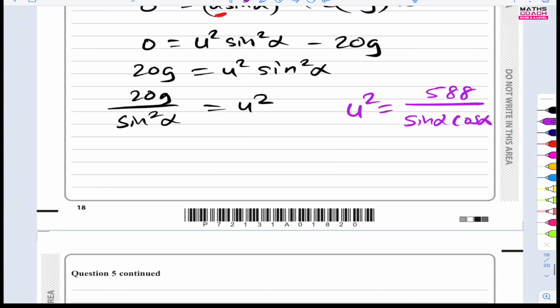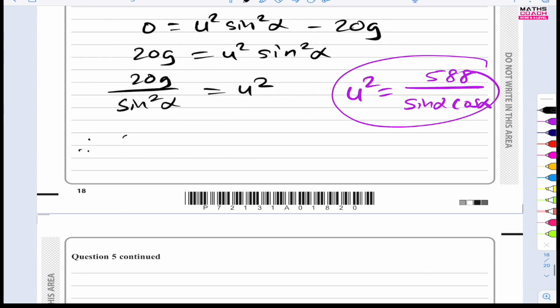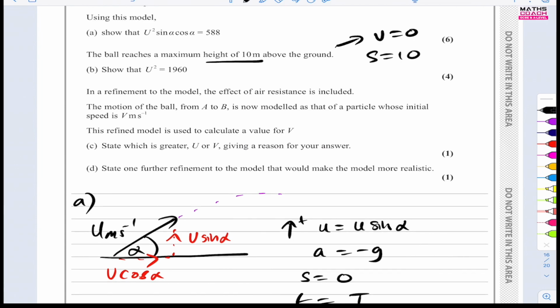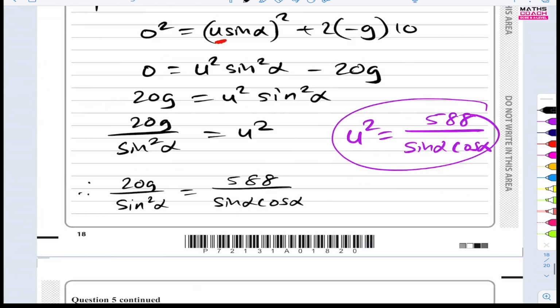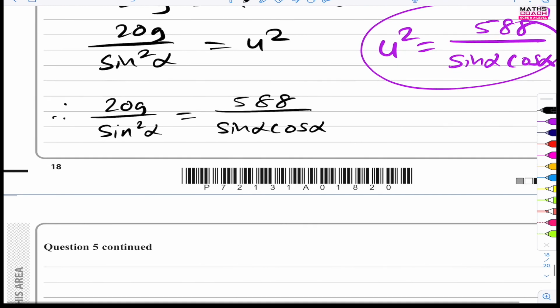And if we substitute that here, we have, therefore, 20g over sine squared alpha is equal to 588 over sine alpha cos alpha. Now, if we remind ourselves what it is that we want to do, u squared is equal to 1960.